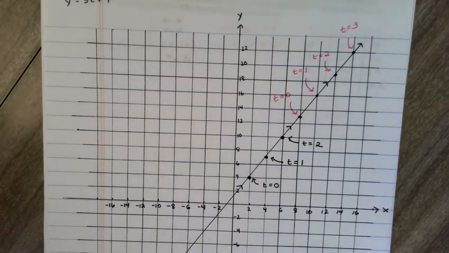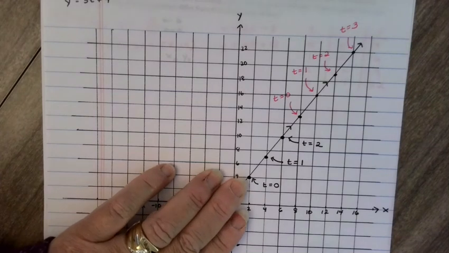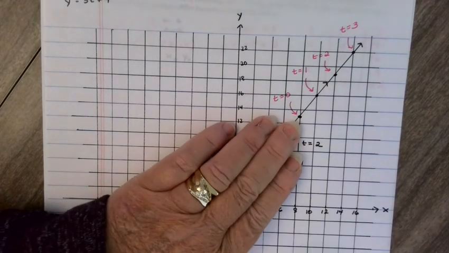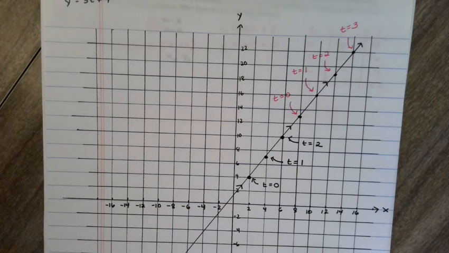Now, depending on whether or not we want to allow for negative values of the parameter, sometimes we might just graph the line starting from the point where t equals 0 and going on. So parametric equations offer us a really convenient way to restrict the portion of the line that we really want to look at.